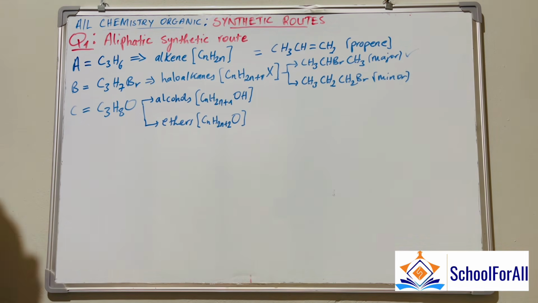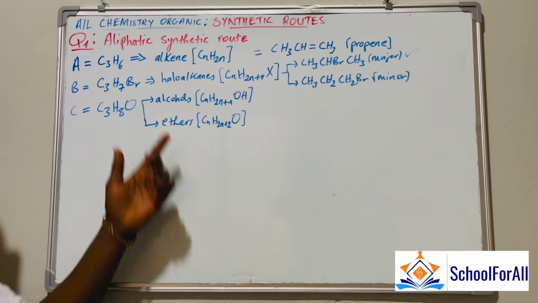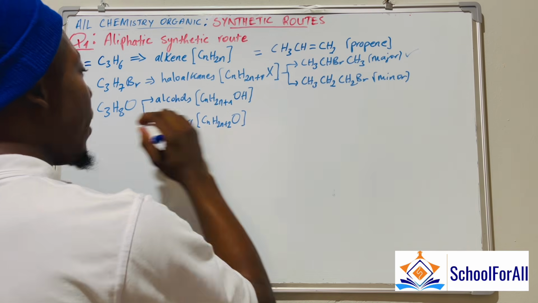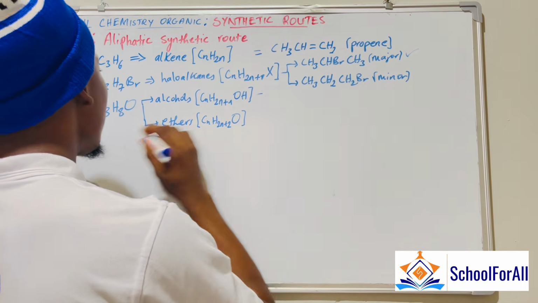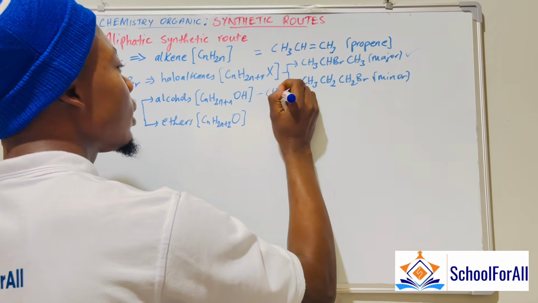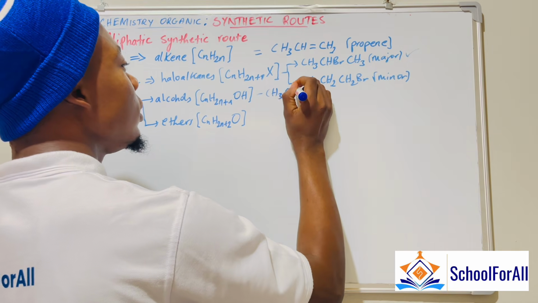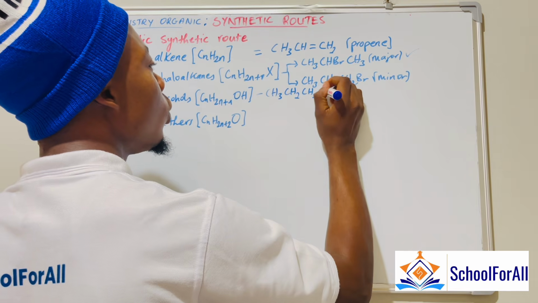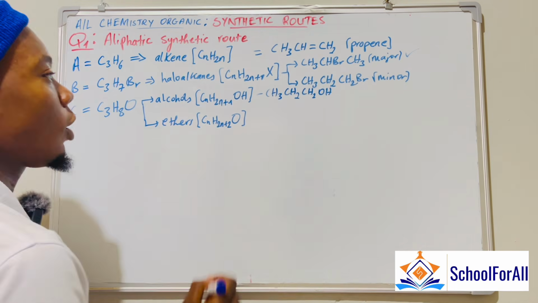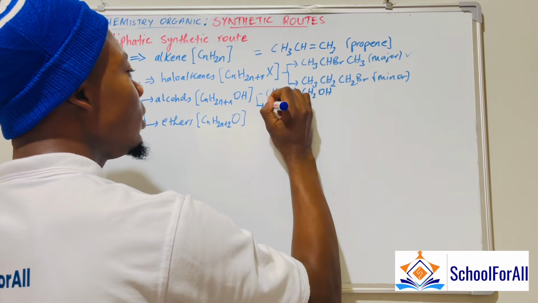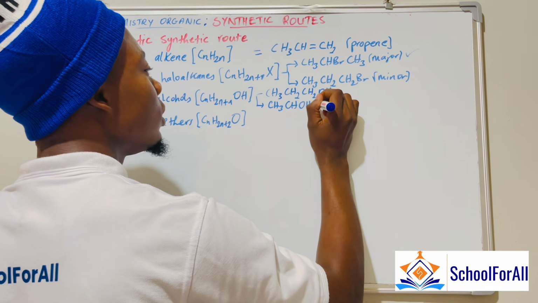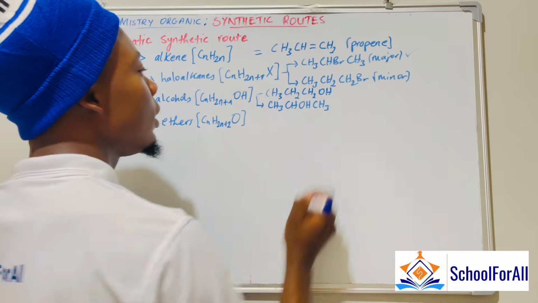But now, it means that if you're having these two possibilities, my compound can either be CH3CH2CH2OH, that is for alcohol, or it can also be CH3CHOHCH3.